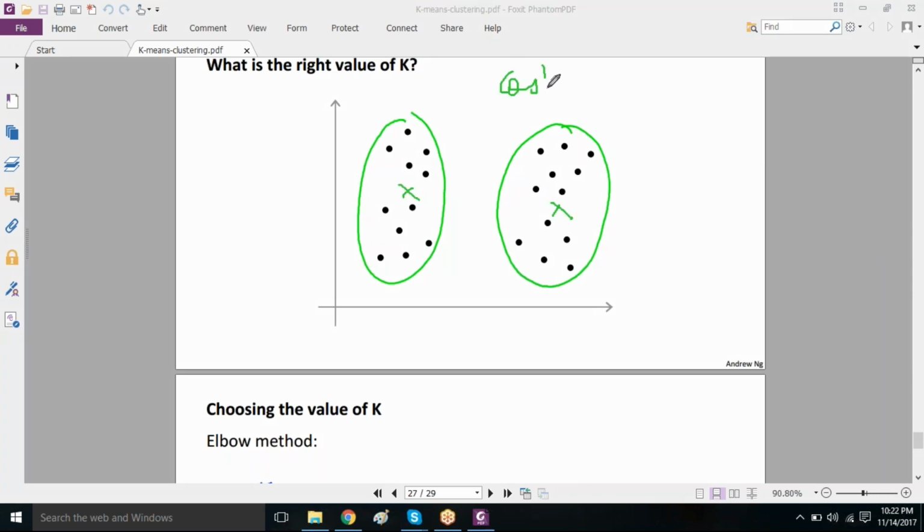So the cost will be all the data points, all these black data points, minus the cluster centroid, and this is also squared. So whatever this distance is, this distance is basically calculated.